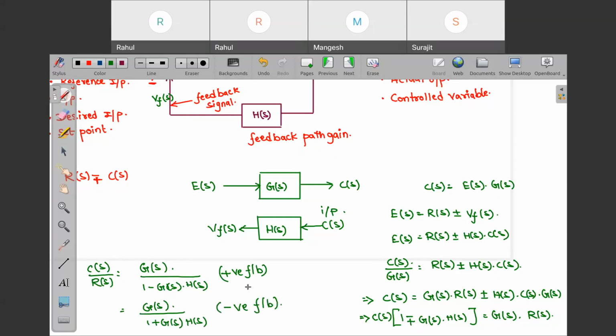So this we have seen whenever we have studied the transfer function, the closed loop transfer function, also known as CLTF of your closed loop system. If it is positive feedback, your CLTF will look like this. If it is negative feedback, your CLTF will look like this. We have studied this from our BTech, in our GATE exam also, and now for HL also we have seen. So this is the transfer function.